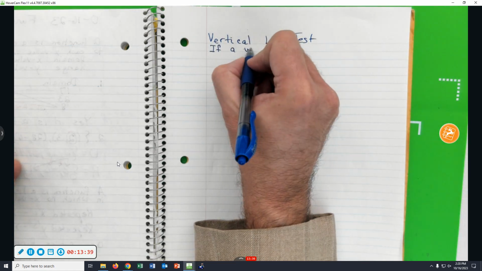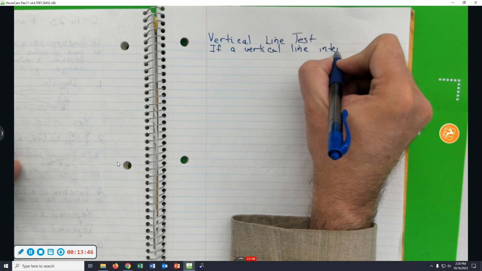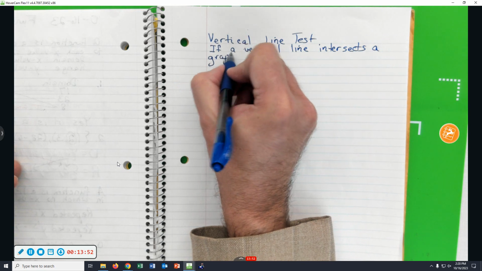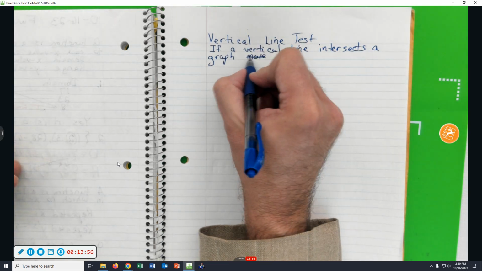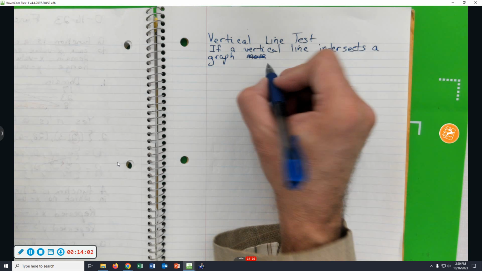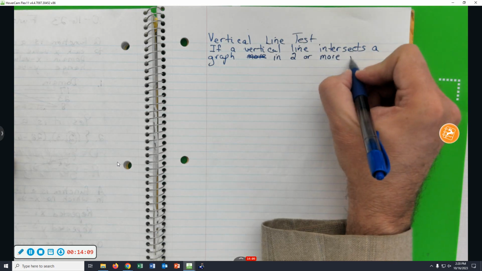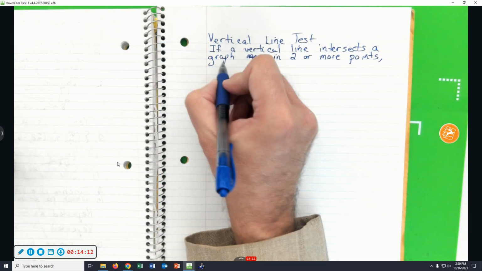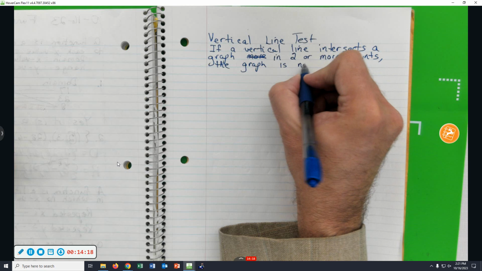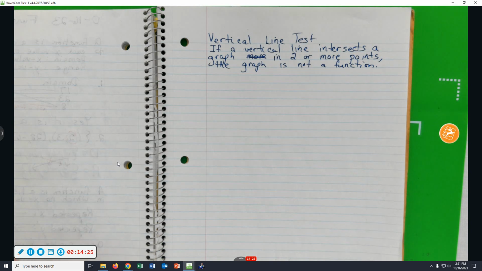If a vertical line intersects a graph in 2 or more places, let's say points, the graph is not a function. Is it clear why that is?